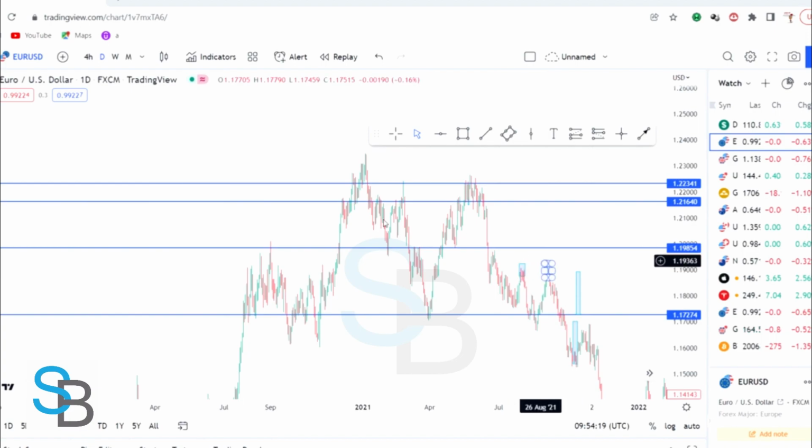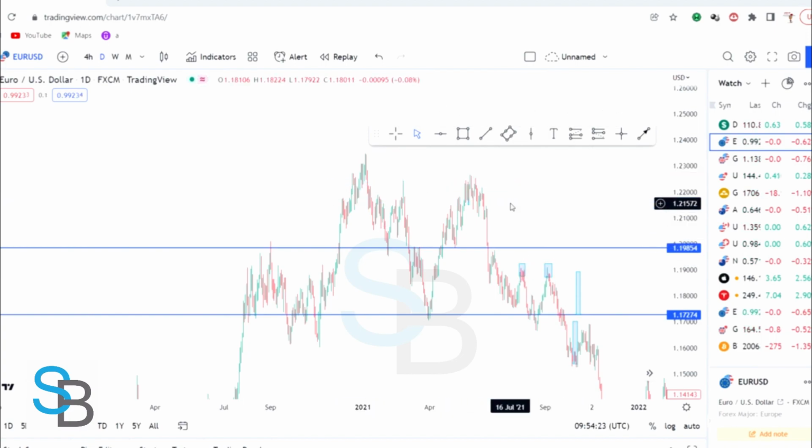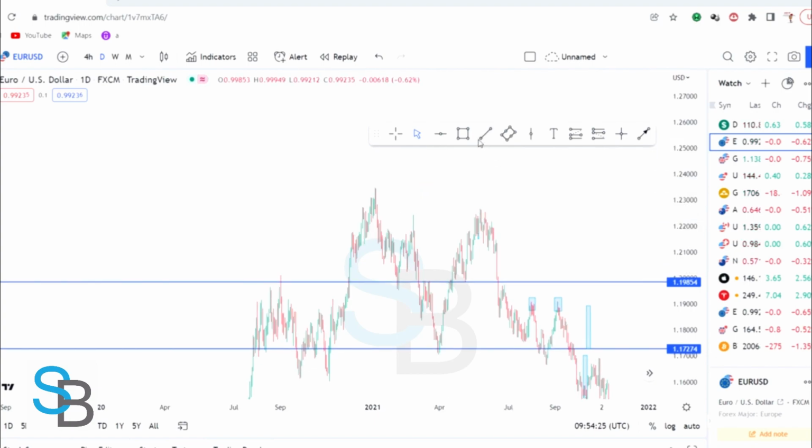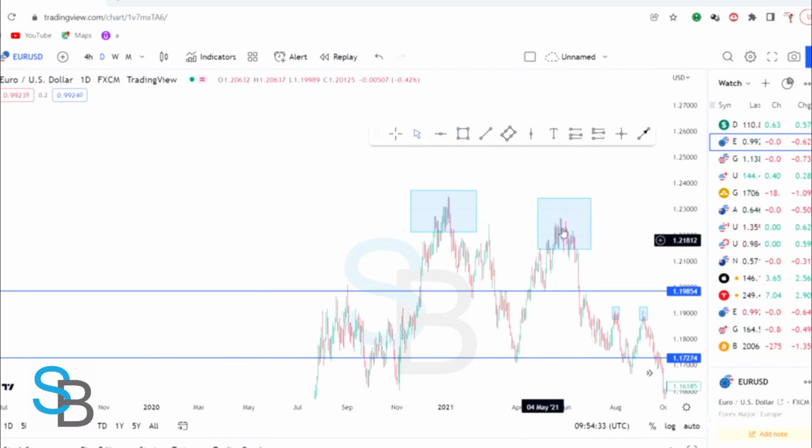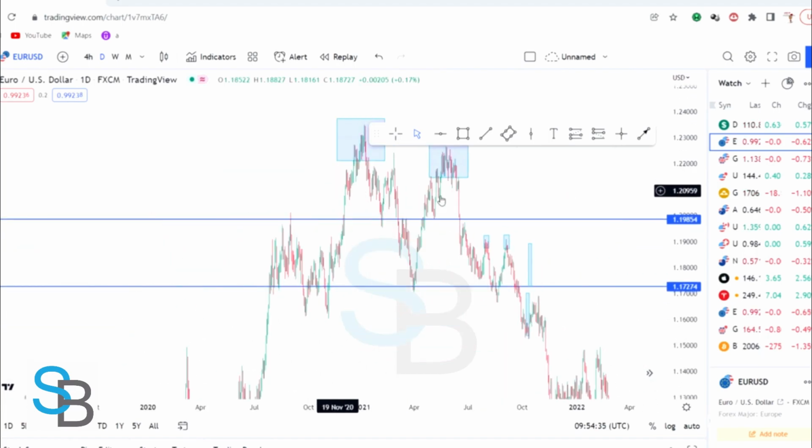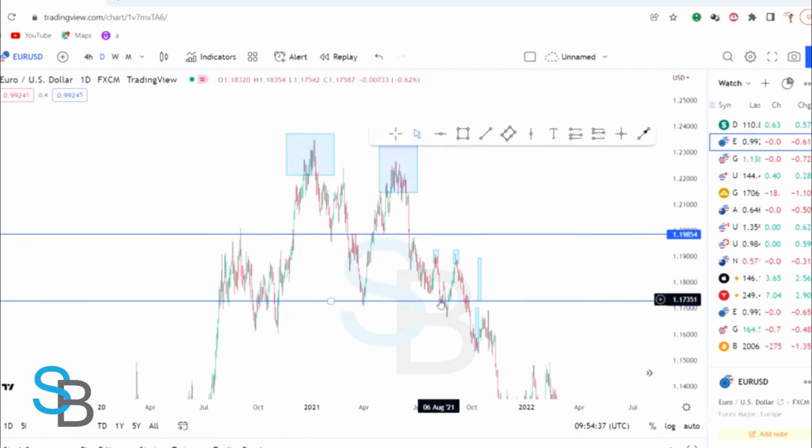Look at our previous example. Look at another example. This is another example of a double top. The first top, the second top. It came and then broke the neck region. This is the neck region.